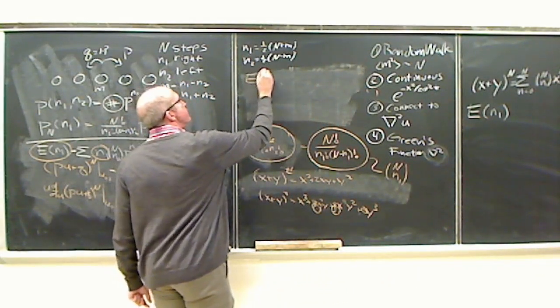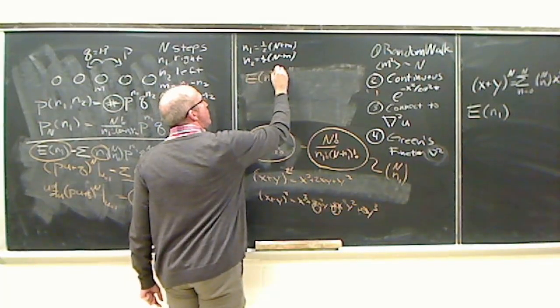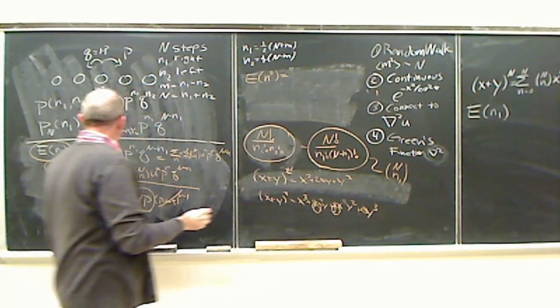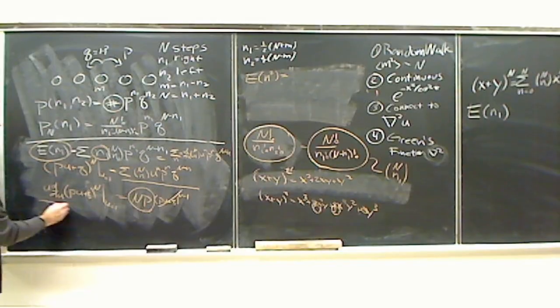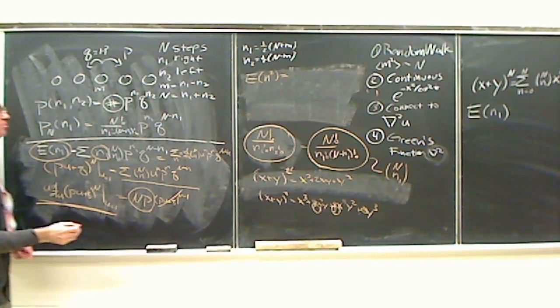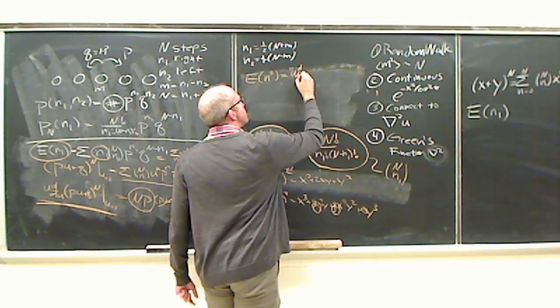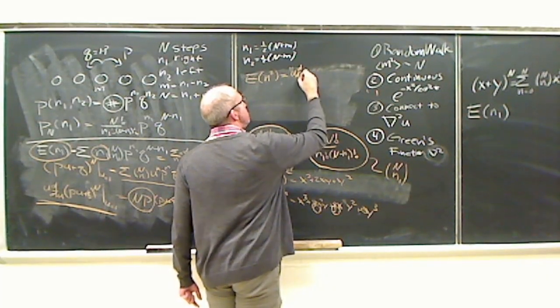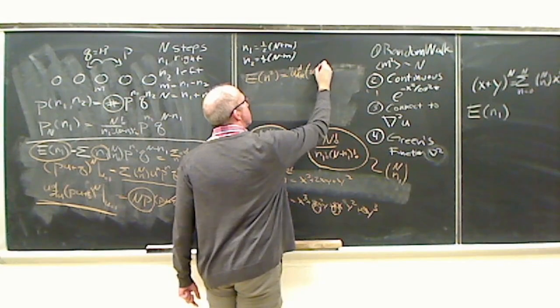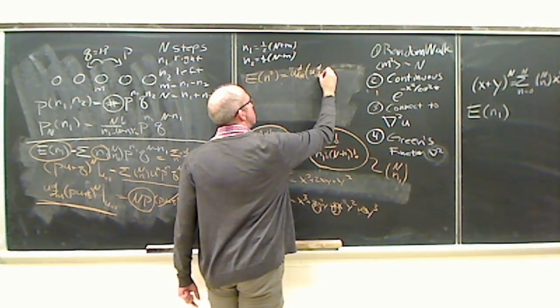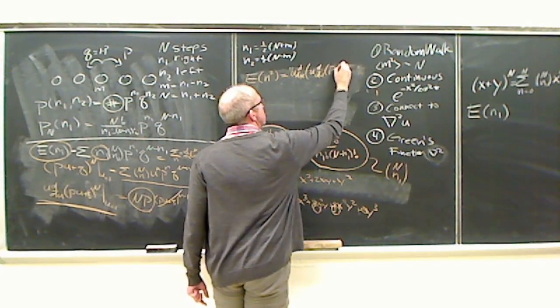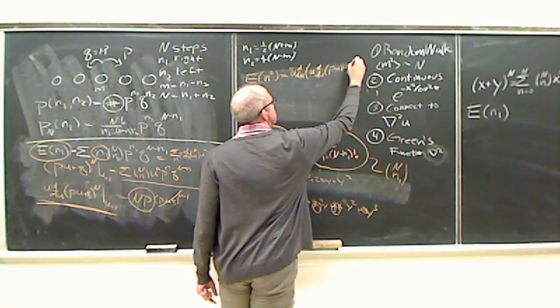So let's work out what the expectation value of n squared is. We're going to pull a very similar stunt, but we're going to say u times d by du of u times d by du of (pu plus q) to the n.